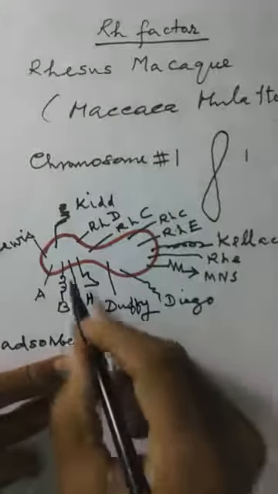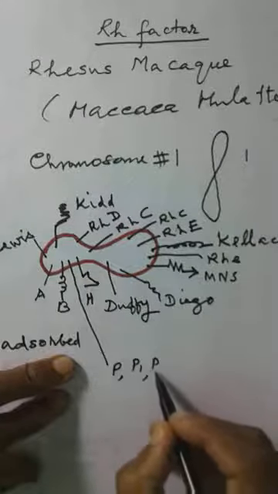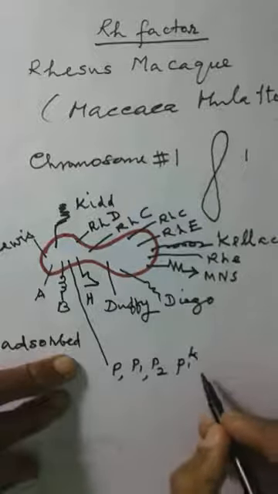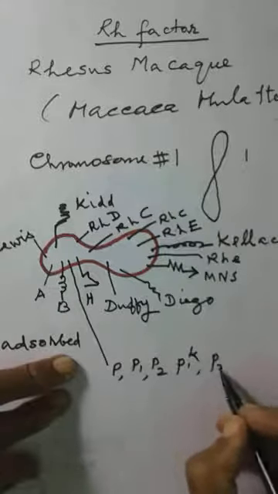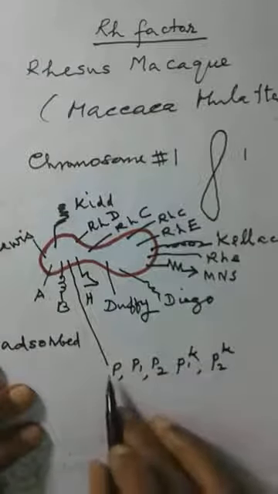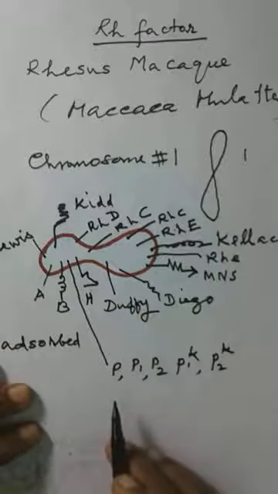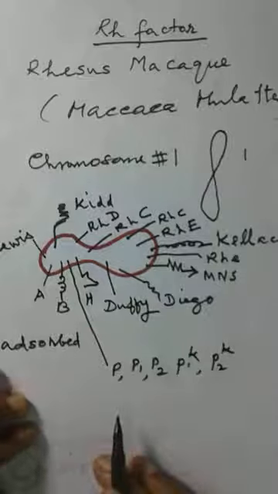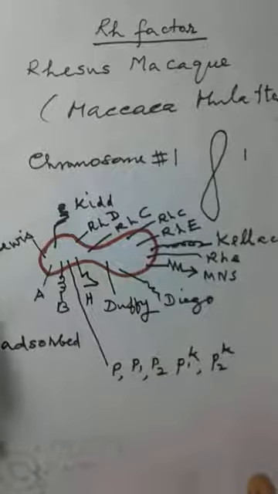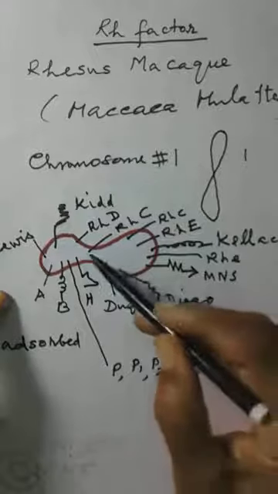In the P group system, there are P1, P2, P1K, P2K, it goes like that. Finally, there is P null also, like RH null. We will not go into that much detail. For the time being, today we will see the RH.